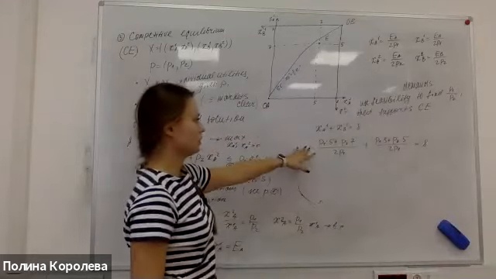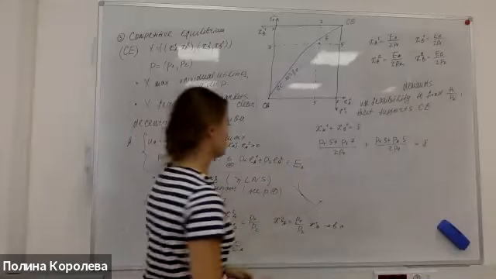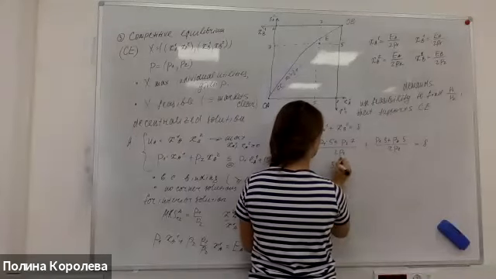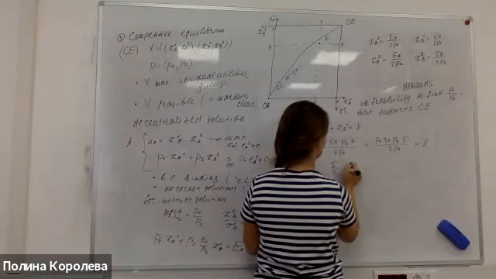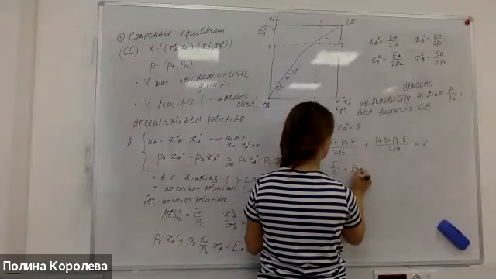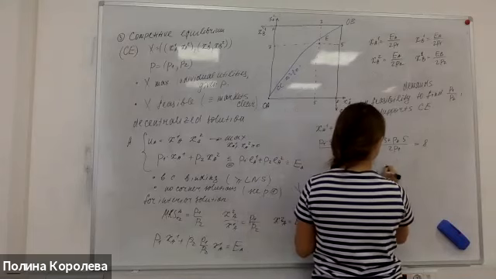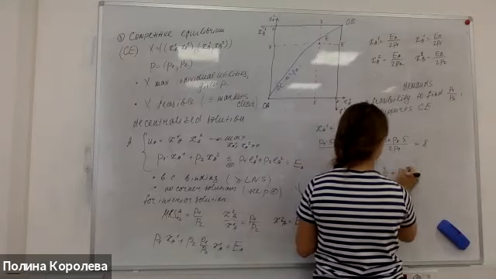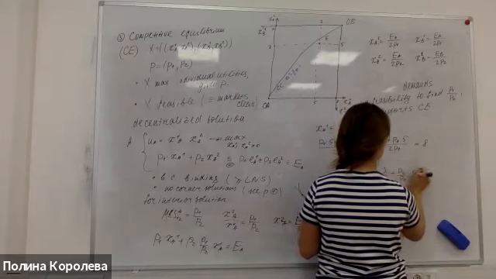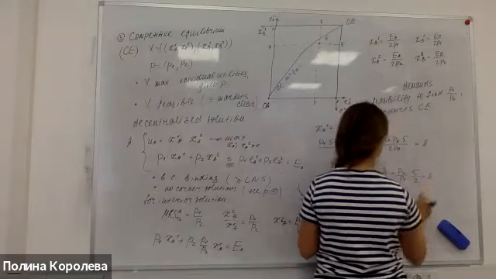From here we can find the price ratio. Let's do it. So 5 divided by 2 plus p2 divided by p1 multiplied by 7 divided by 2, plus 3 divided by 2 plus p2 divided by p1 multiplied by 5 divided by 2, is equal to 8.